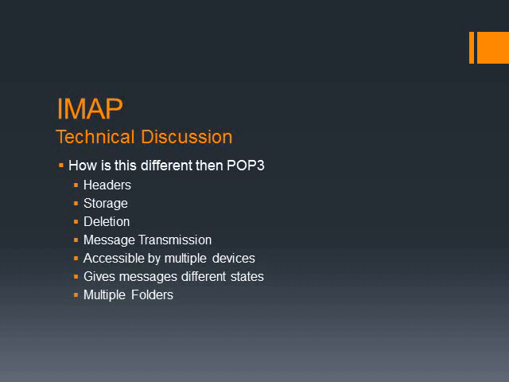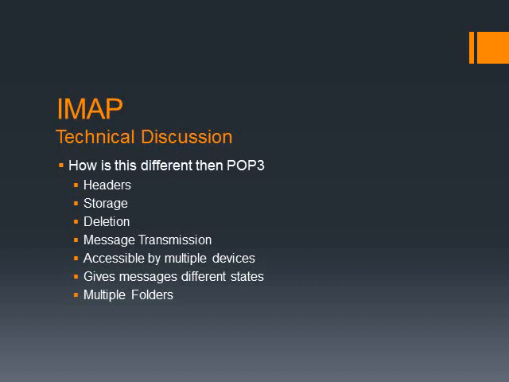Message transmission. This is different. When POP3 transmits the messages, it sends all of them at the same time. So if you have message 1 that is 5 gigs and message 2 that is 3 gigs, and then you have a message 3 that is 512 megabytes, if you want to access the 512 megabytes, you have to wait until the other messages are downloaded before that message is downloaded.